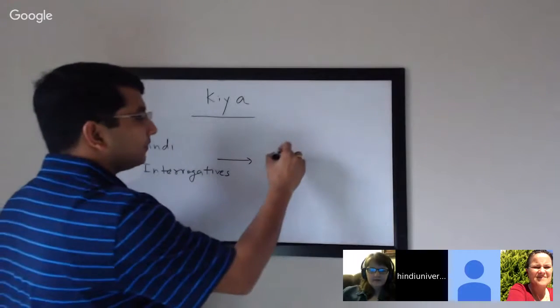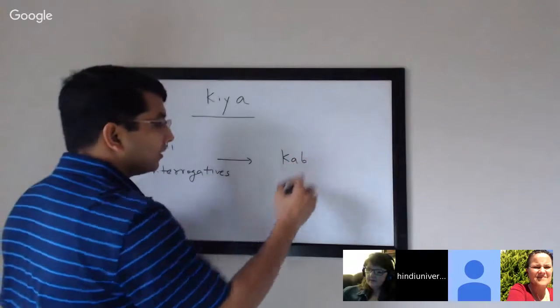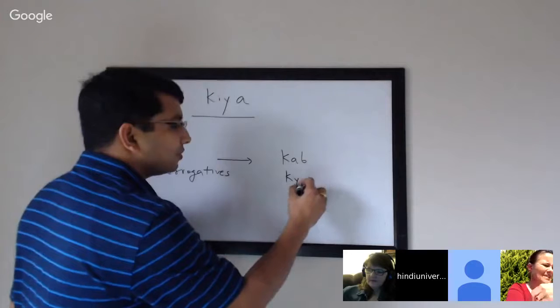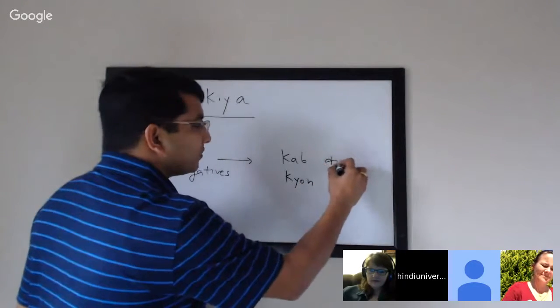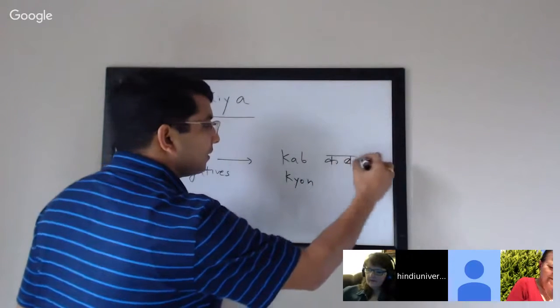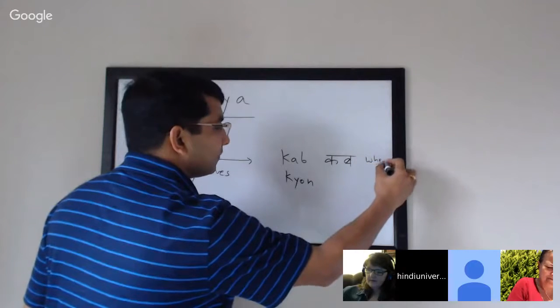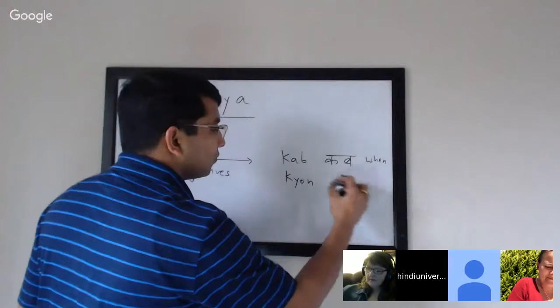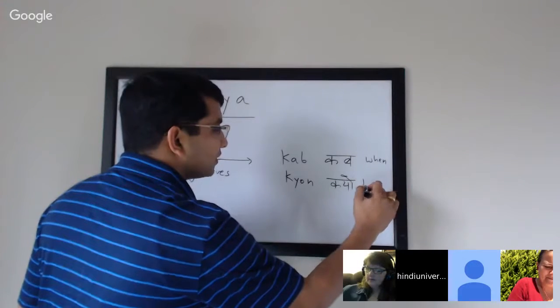Which is Kab. Kab is nothing but when, the way you write it is Kab, and it means when. You have a Kyun. Kyun is why.